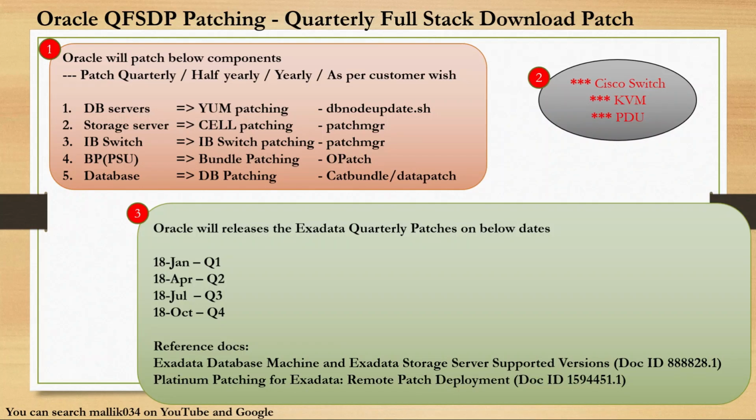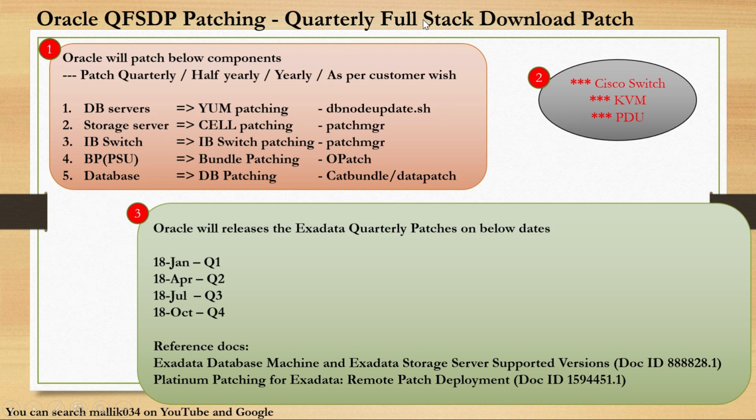So Oracle QFSDP patching. QFSDP stands for quarterly full stack download patch. It means Oracle will release one patch ID, and inside that patch ID we can see all my DB patch, all my storage patch, all my IB switch patch, all my bundle patch, all my database patch. Everything will be bundled together in one zip file.